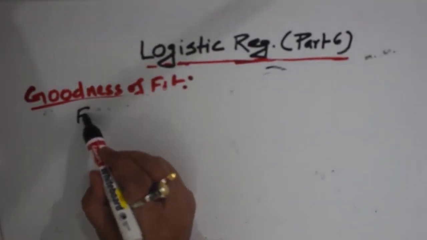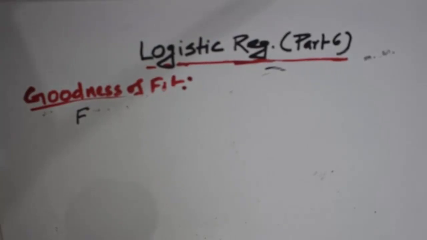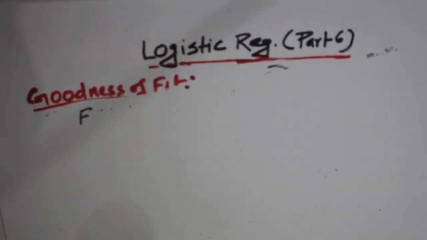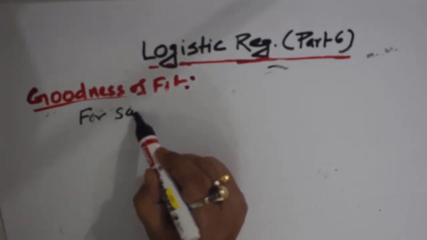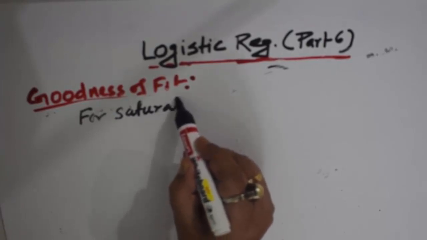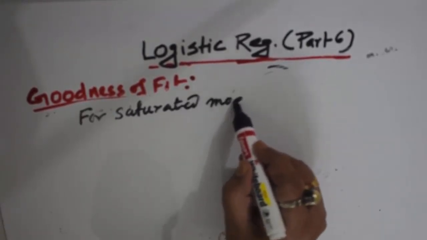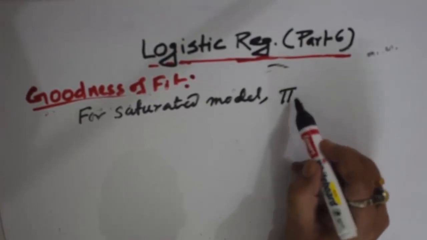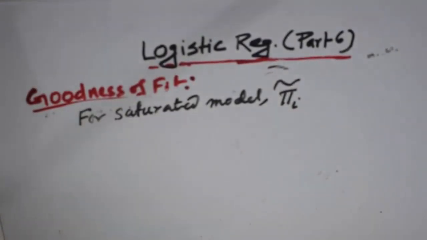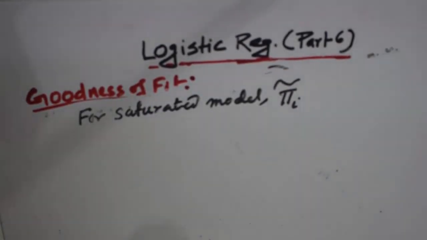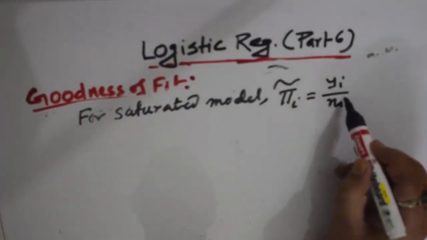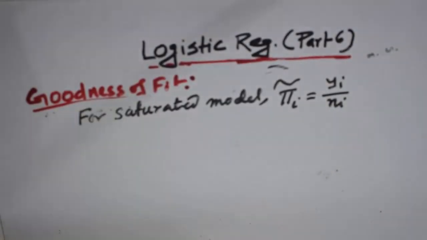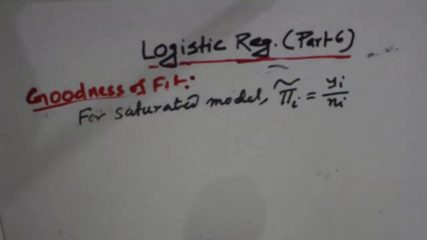Since we consider the binomial distribution instead of the Bernoulli distribution, for the saturated model, pi I curl, the estimate of pi I, is equal to yi by ni instead of yi.